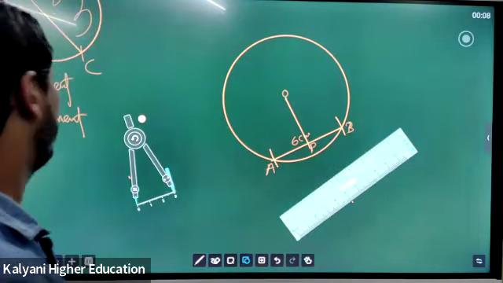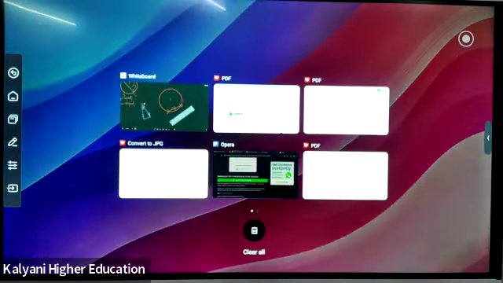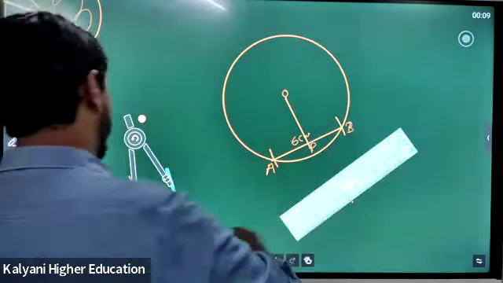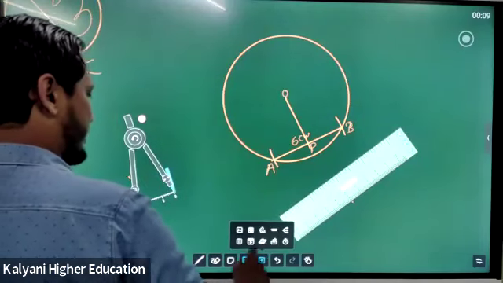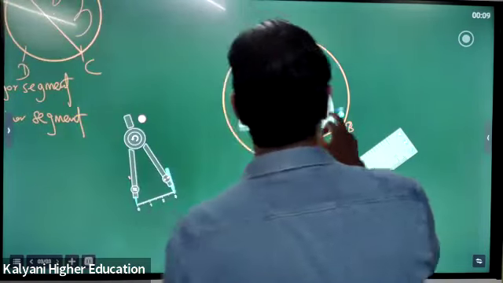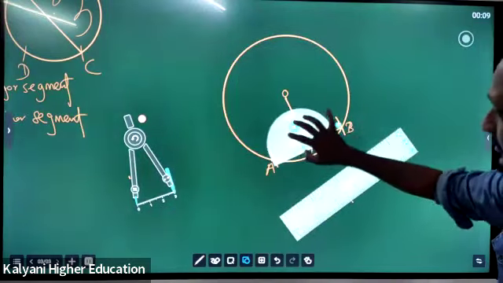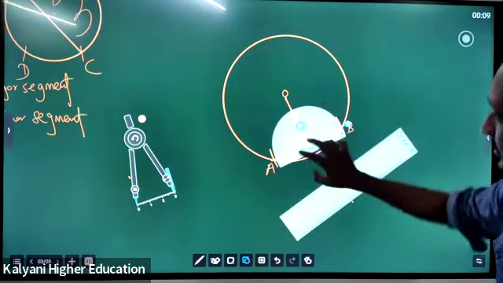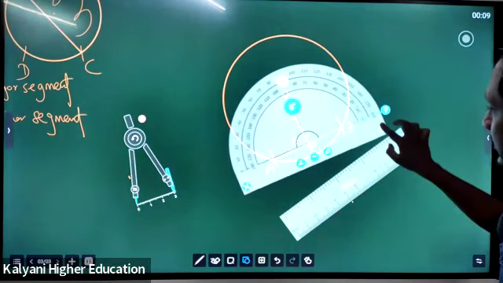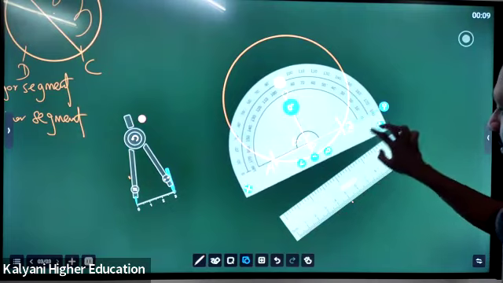O and P join. And they ask us to measure and write down the magnitude of APO. It's 90 degrees. I'll show you. APO, measure and write down. Use the protractor. APO means you have to keep the protractor here. 90 degrees.